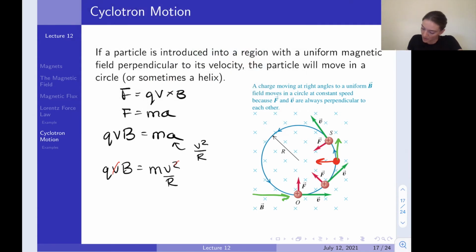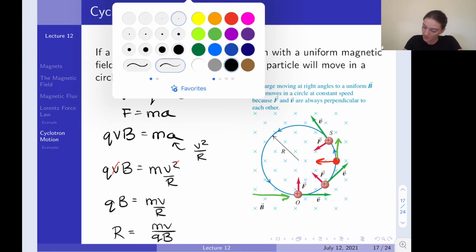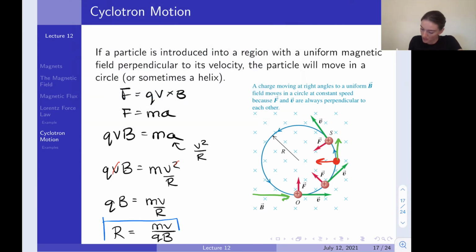So I'm left with qB is equal to mv over r. And if I want to get r by itself, I can just rewrite this as r is equal to mv over qB.